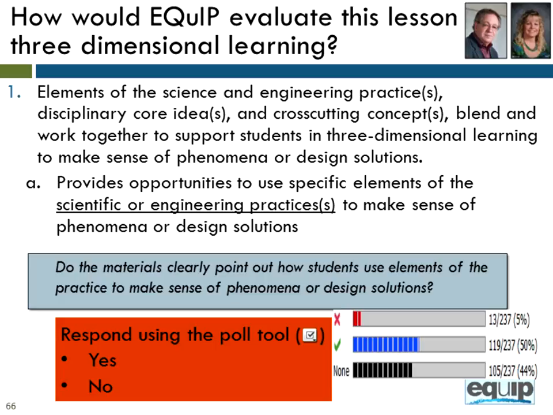I think for this one, what we would be doing is comparing what we saw in terms of the thinking and reasoning and talking being demanded of the students, compare that to what is articulated in the science practices.